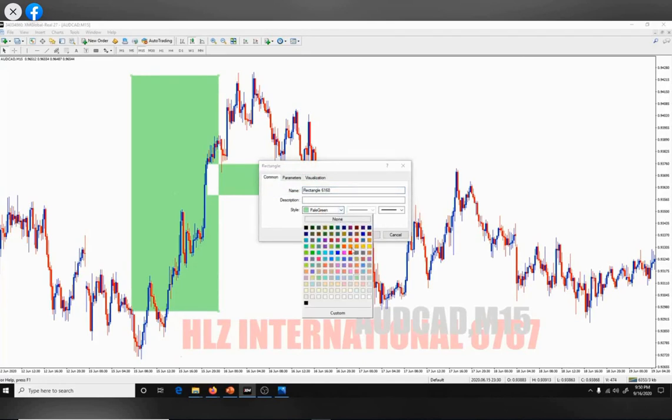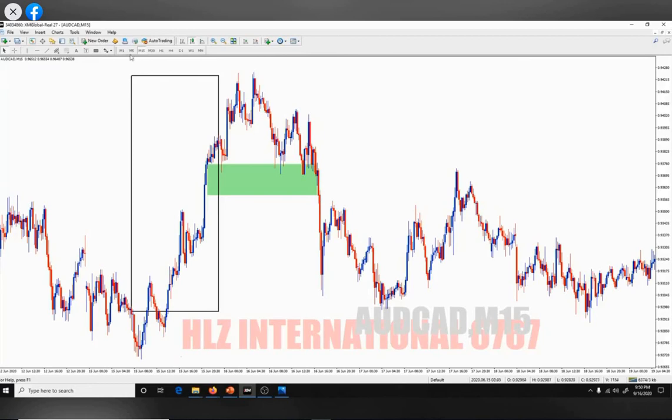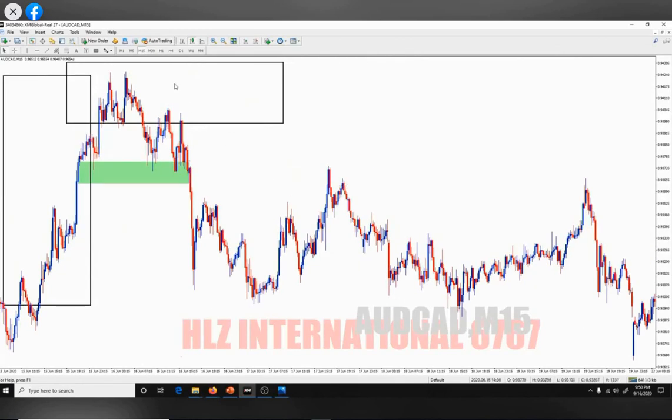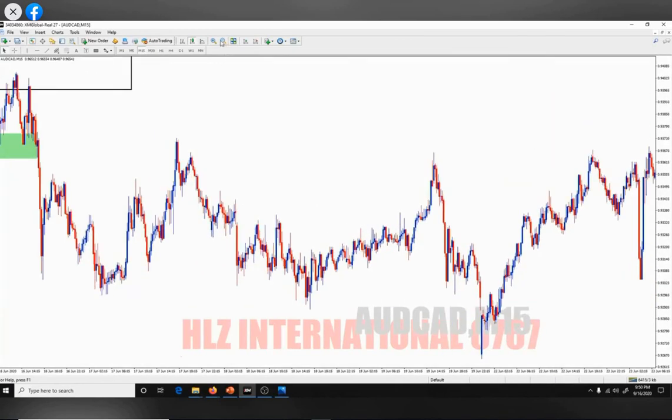I don't want to go to M5. You can check by yourself. I'm sure there is a clear RBR there. But I will just stop from here because there is a supply area here. A very good supply. A very good RBR. Okay? So, look at that.